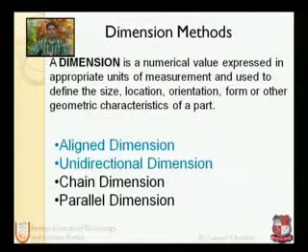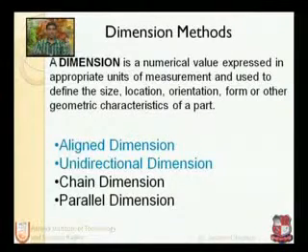Aligned dimensions we use mostly when the lines are not breaking. In aligned dimension, one needs to write the dimension above the line, and there is freedom of two directions.